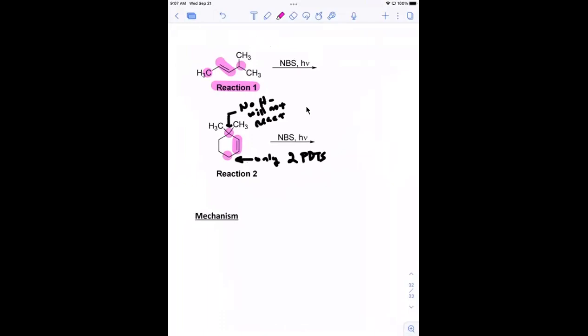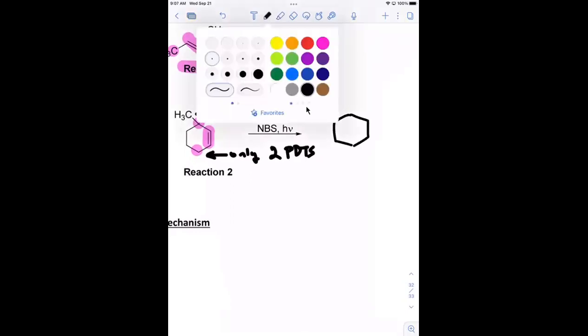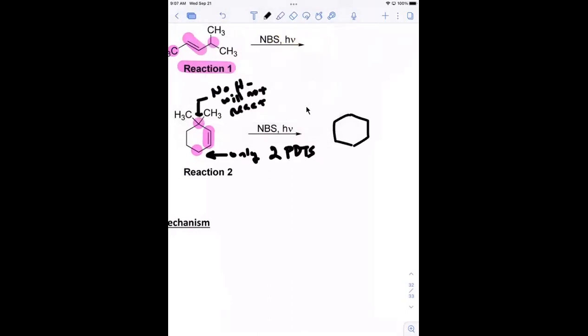So somebody tell me what the first product would look like, or at least one of them. The double bond will move down one. That makes sense. And where are you going to put the bromine?